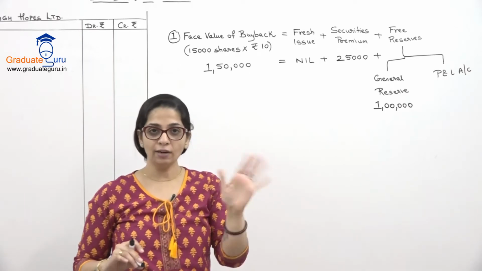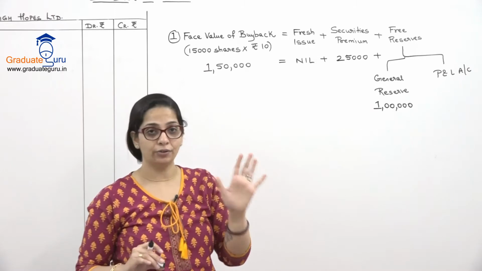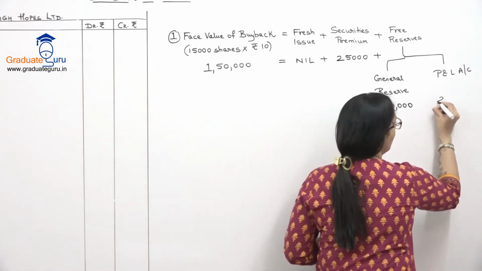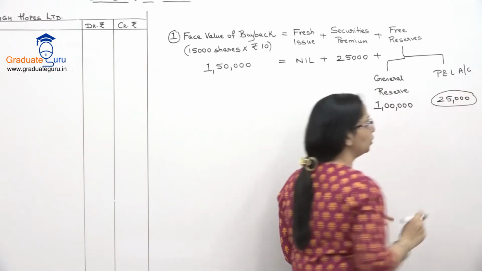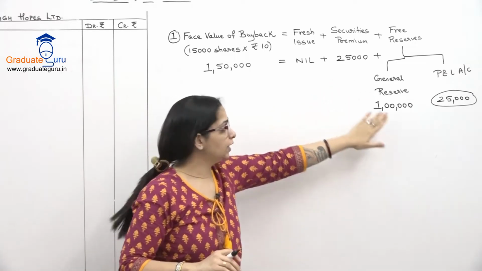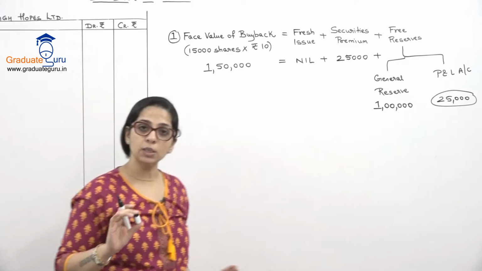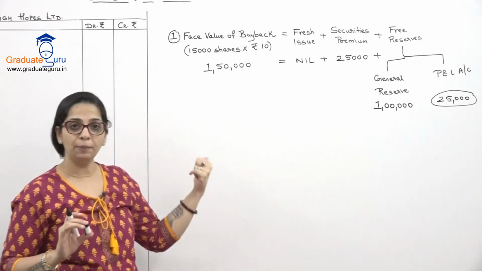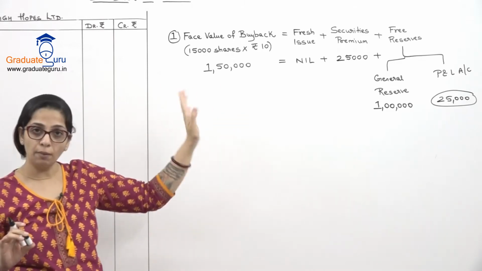So it is more than what I need, so I am going to write here only what I need, that is 25,000. I am circling it so that you know this is the balancing figure. First we used this, then this, and the remaining 25,000 we will use from P&L. Okay, there is no premium here, so my premium equation is not needed.